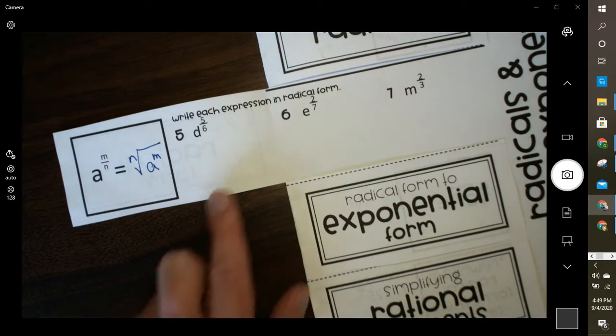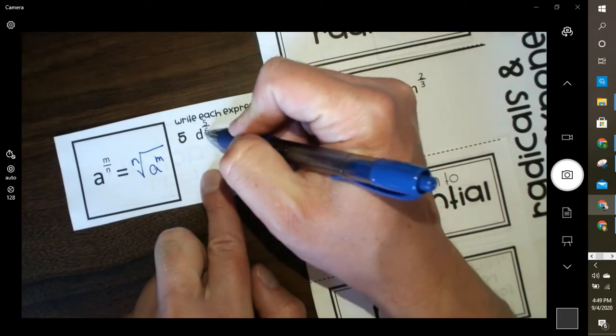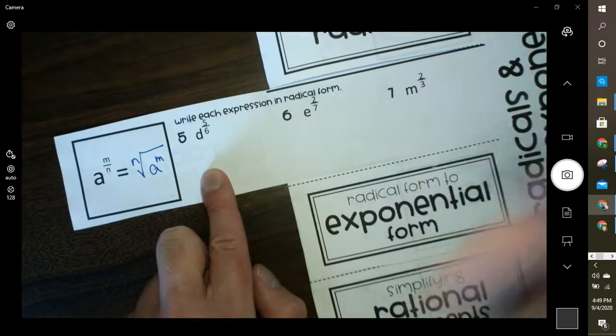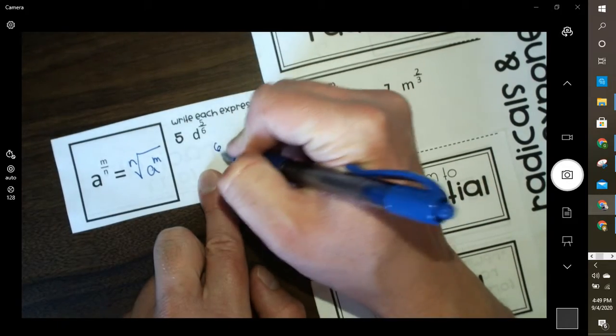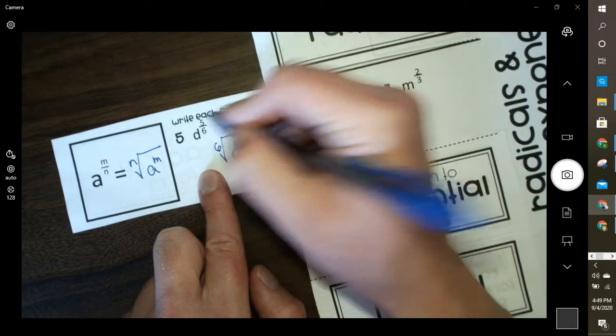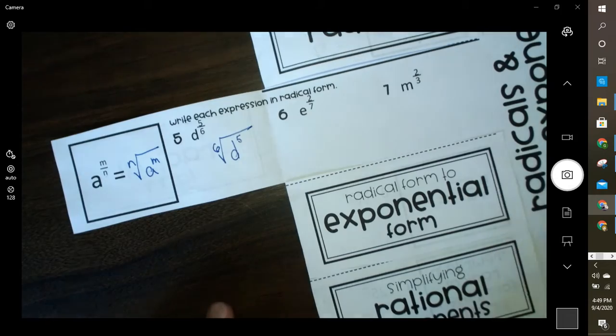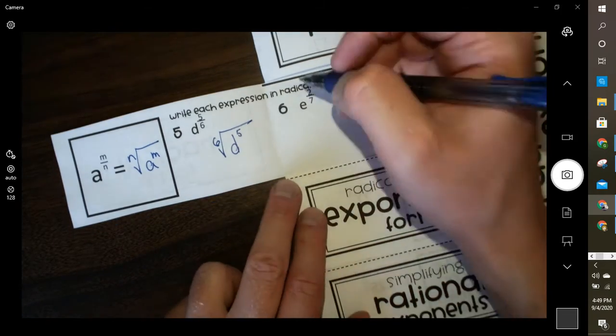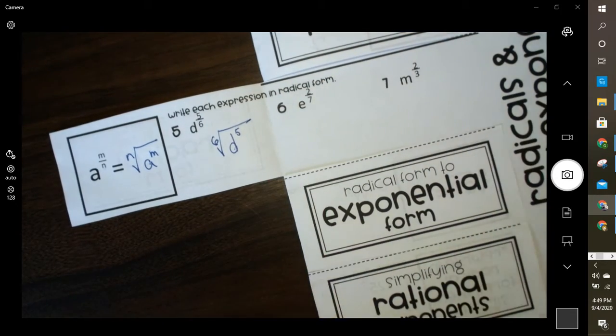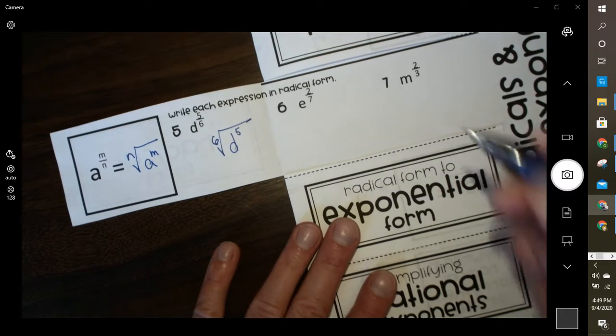In our first one, the denominator of the rational exponent is going to turn into the index. And then the 5 stays the exponent, to the 5th power, and so on. Go ahead and try to do the next couple and then look back up. Make sure that you're moving those numbers around in the right manner.